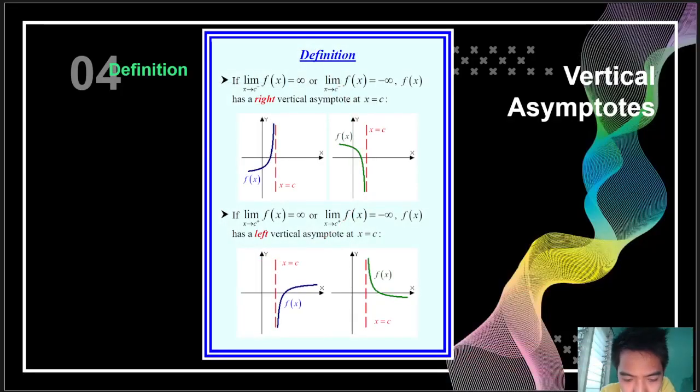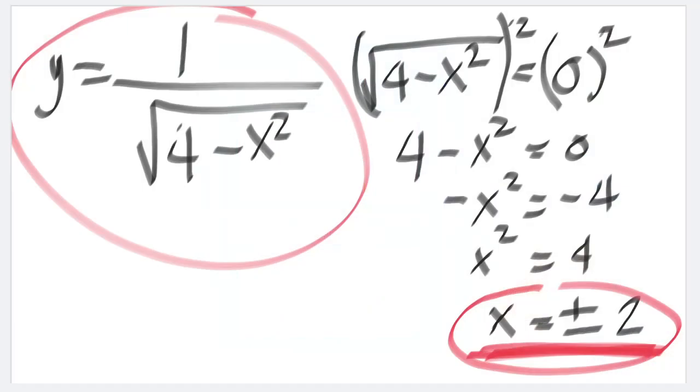So we need to compute the limit of 1 over the square root of 4 minus x squared as x approaches 2 and negative 2, so that we may know whether x equals positive or negative 2 is a vertical asymptote to this function.